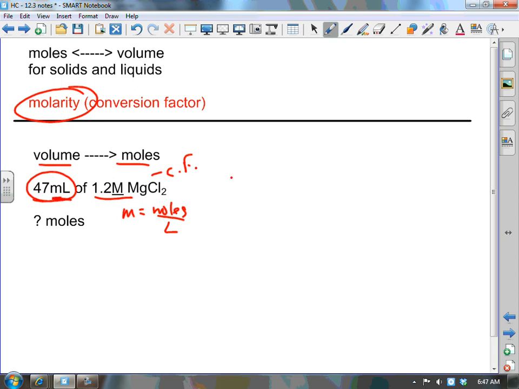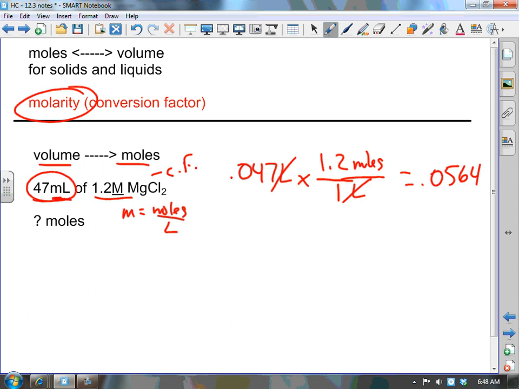So start out with the number I'm given, 0.047 liters times a conversion factor, 1.2 moles per 1 liter. Liters cancel, and there's my answer. Okay? 1.2 moles for every liter, but I'm not pouring out a liter, I'm only pouring out 0.047 liters. The answer for this is 0.0564 moles. And actually, with sig figs here, 0.056 would be the correct answer.